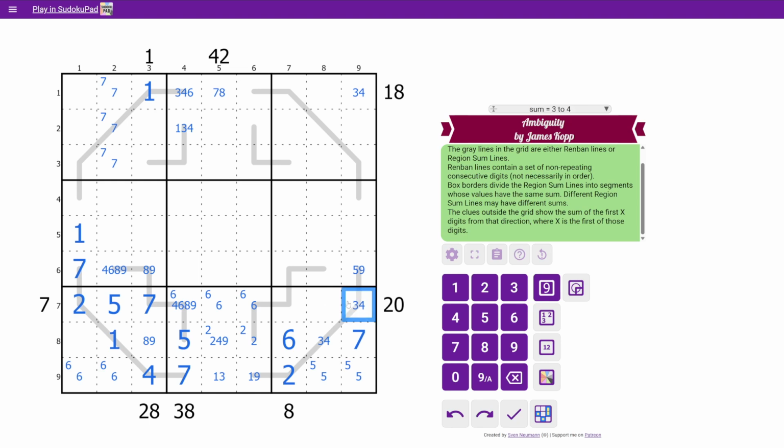Alright, if this was a 4... Oh, there can be a 5 there. And if it had a 3 on it, here, it would need 13 more. And it couldn't do that.